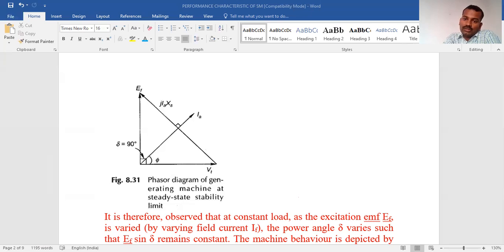And it will decrease again after 90 degree. Is it clear? I hope you can better visualize and understand from this diagram the plot between the power P and the torque angle, and the variation of E sin delta, and constant E sin delta and constant I cos phi from this plot. Okay.